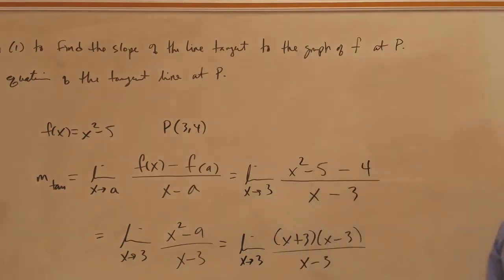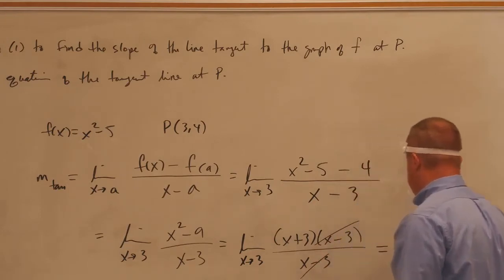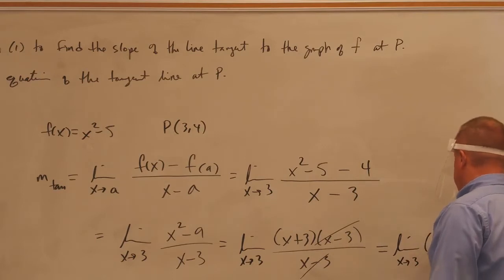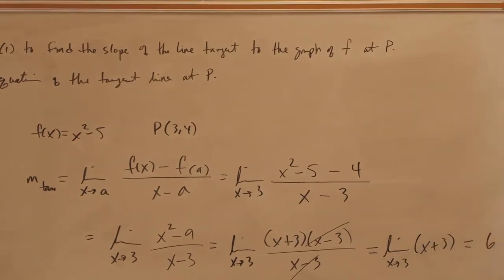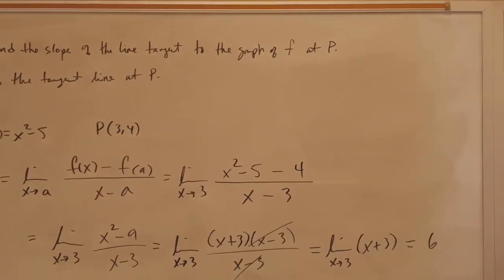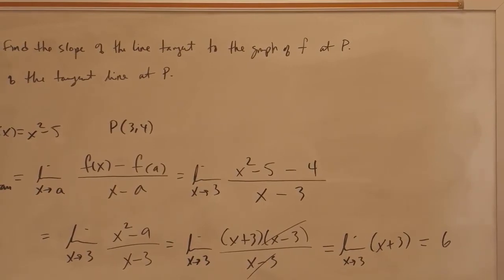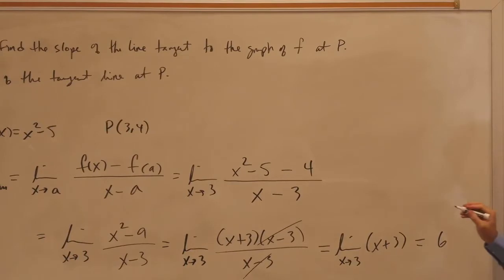Okay. And then the x minus 3's will divide out. So I get the limit as x approaches 3 of x plus 3. So now I can plug the 3 in, 6. Okay? So the slope of the tangent line at the point 3, 4 is 6. Any questions about that? So that is the answer to A.